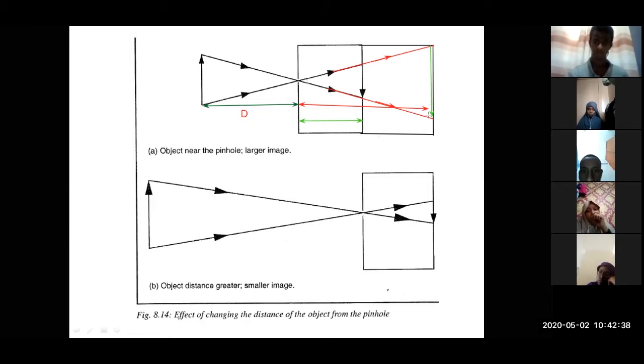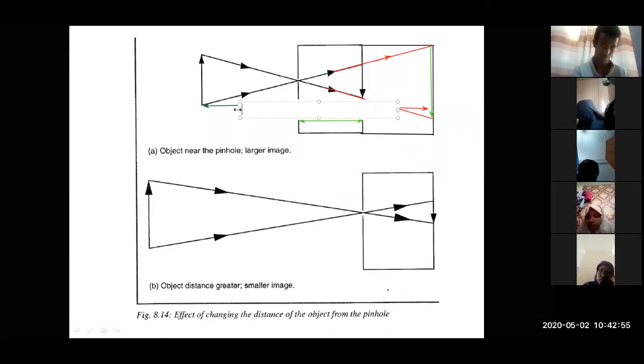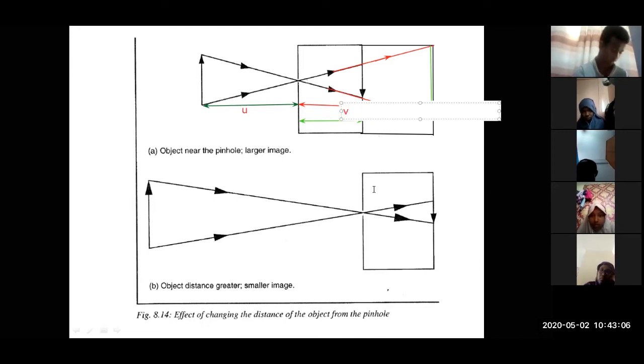I allow you to write something on your own concerning the object distance and the image distance. So the object for you is the object distance, and this one behind we are calling the image distance.